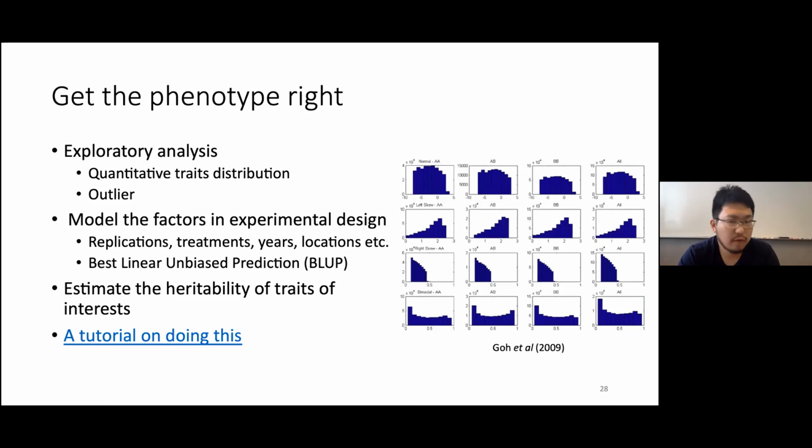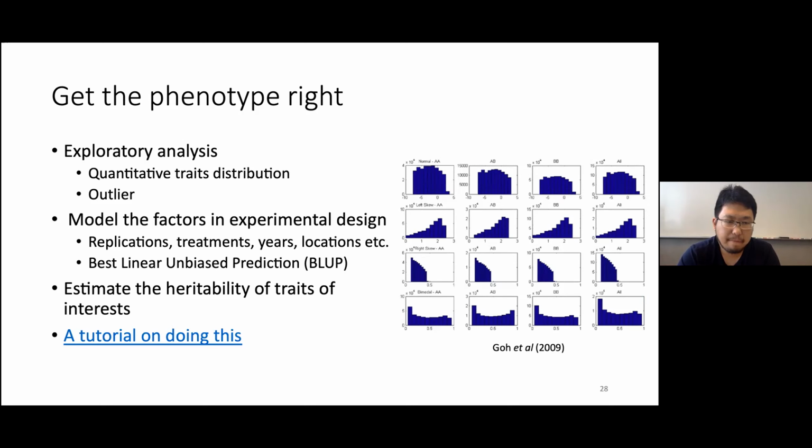Is it normally distributed, or left skewed, right skewed, etc.? If it's skewed, then you might want to consider some transformation techniques, like log transformation or Box-Cox transformation. And if there are any outliers, you want to check what's happening there.